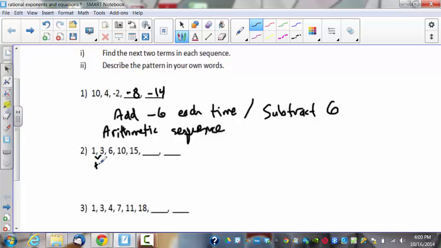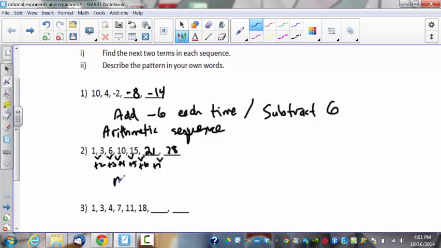time, but this one you can see you add 2, and then add 3, and then add 4, and then add 5. So the next one would be to add 6, which would make 27, and add 7, which would make the next term 28.